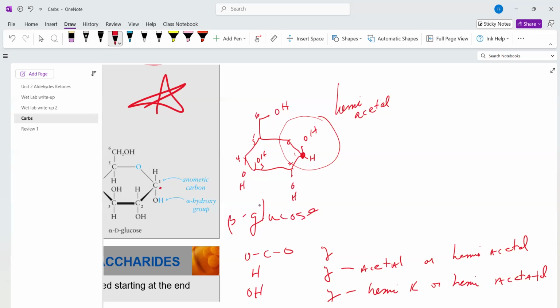Okay, so this is going to be the alcohol oxygen. And that's going to be the aldehyde oxygen.